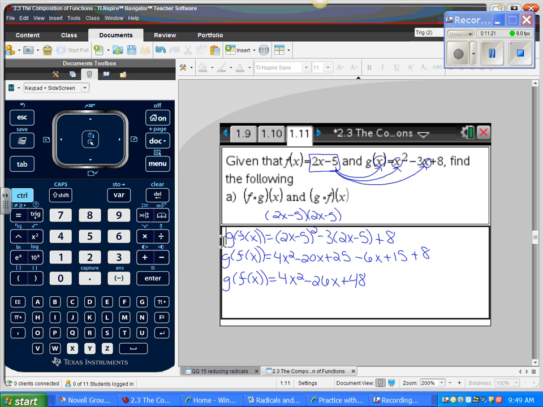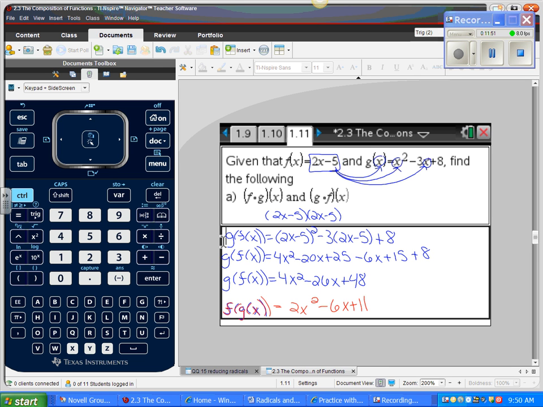So, my f of g of x, if you remember, and I'll jot it down for you so we can see them side by side, was 2x squared minus 6x plus 11. My g of f of x is 4x squared minus 26x plus 48.